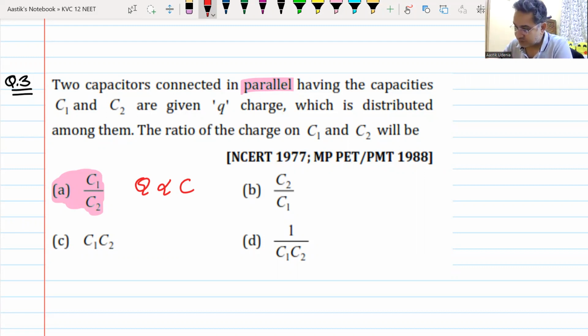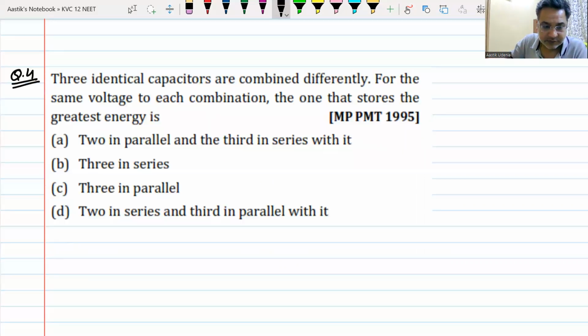Next question, question number 4, coming for you right away. Three identical capacitors are combined differently for the same voltage to each combination. The one that stores the greatest energy is. Okay, we will do this question afterwards.